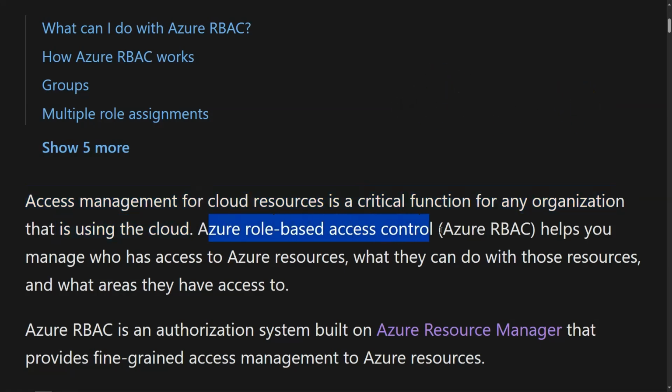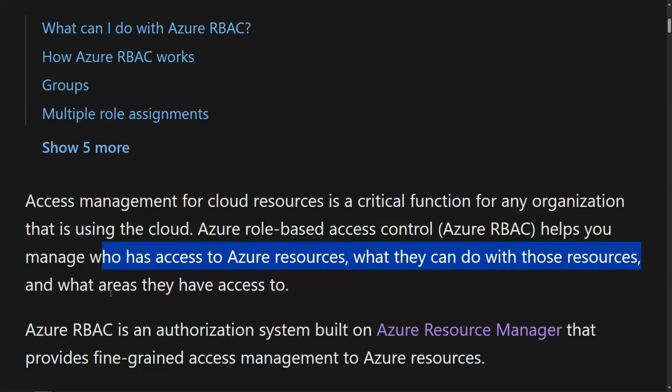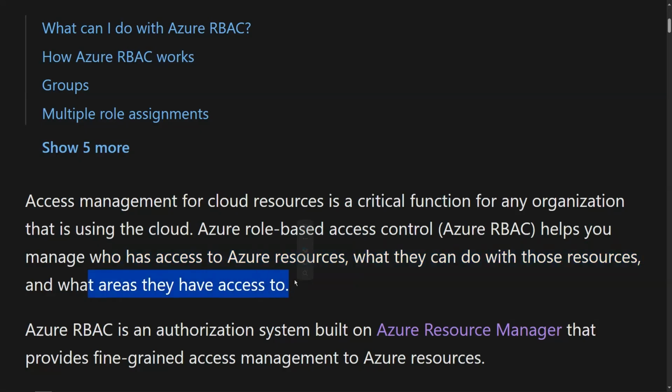Azure role-based access control, or Azure RBAC, helps you to manage who has access to Azure resources, what they can do with those resources, and what areas they have access to. So this is basically permission management for the resources, but it cannot protect the sensitive information which is stored in the tables of Azure SQL database from non-administrative users.